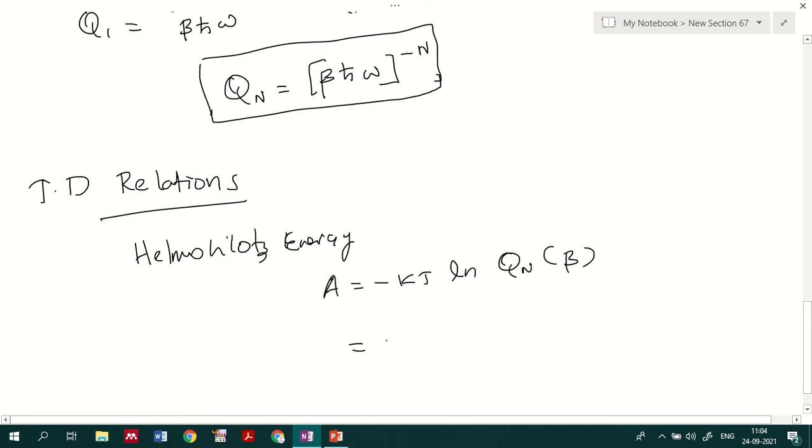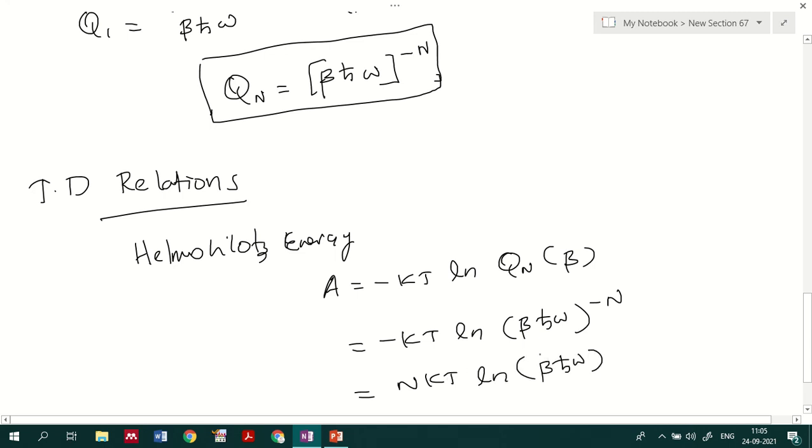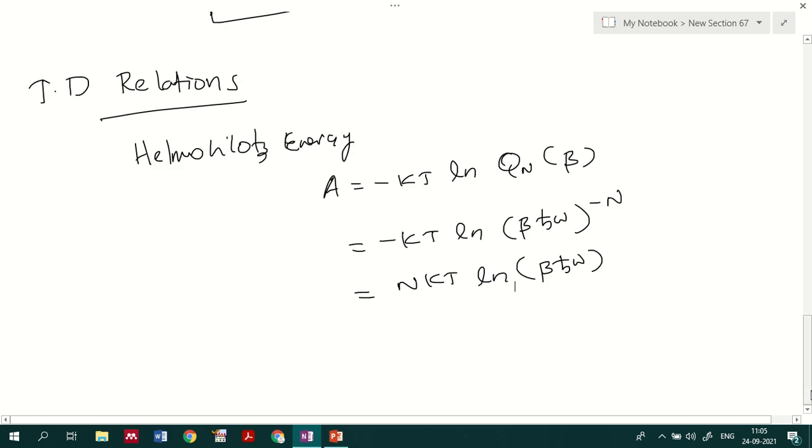Now if I represent that, minus kT ln beta h cross omega raised to -n, that is Qn of beta, right? So now you will get nkt, because minus n and minus kt, that is nkt ln beta h cross omega, and we get the Helmholtz energy representation.